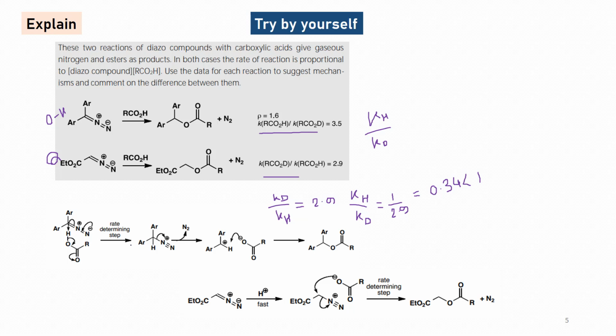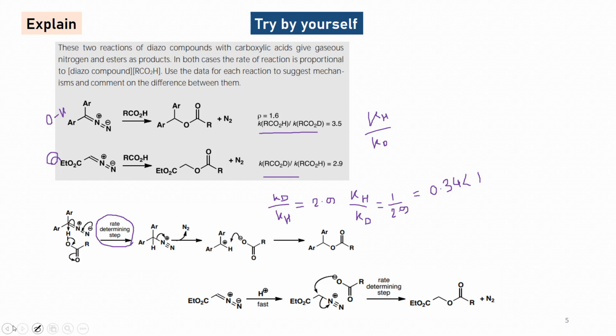This step in the first case is the rate determining step. So the O-H bond is breaking at the rate determining step. That's why it shows a primary kinetic isotope effect.